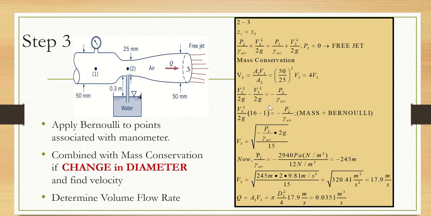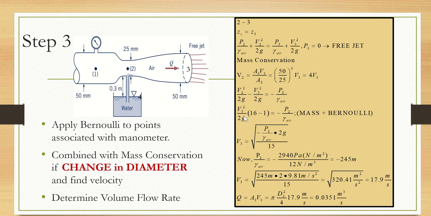Now if I combine mass conservation and Bernoulli, I want to plug in my expression for V2 into the V2 squared in my Bernoulli equation. Combining terms, I would have V3 squared over 2g times 16 minus 1, because V2 is 4 times V3.